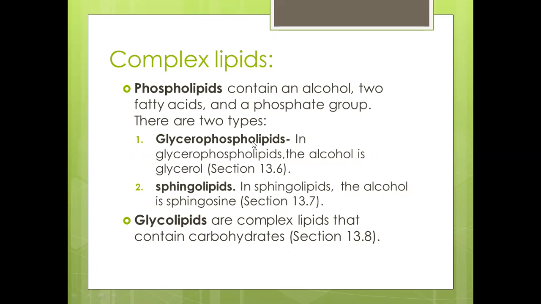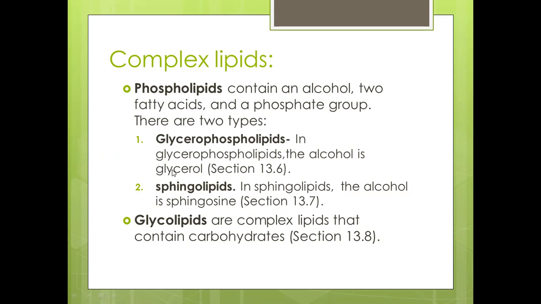And there are two types of phospholipids: the glycerophospholipids and the sphingolipids. In the glycerophospholipids, from the name glycerol, the alcohol that we have mentioned is actually glycerol. So it is a structure more similar to the triglyceride, since it also has glycerol.